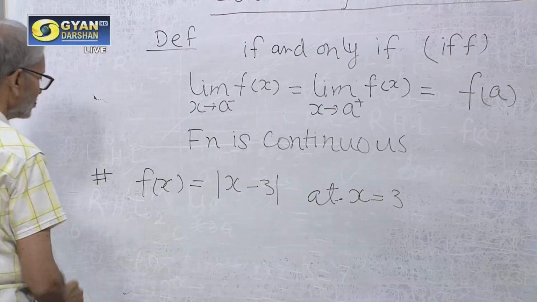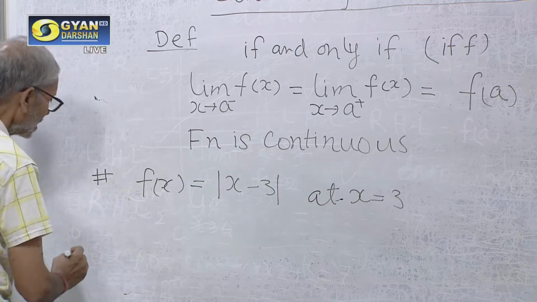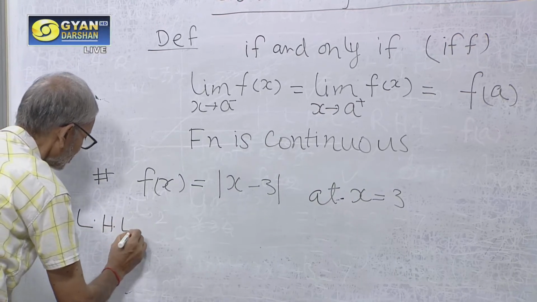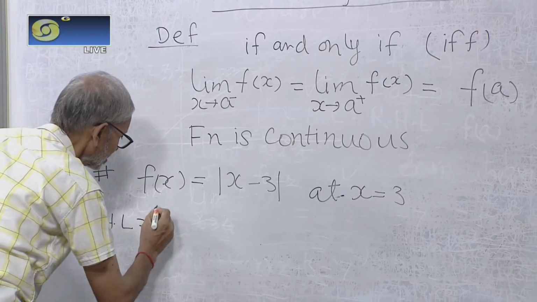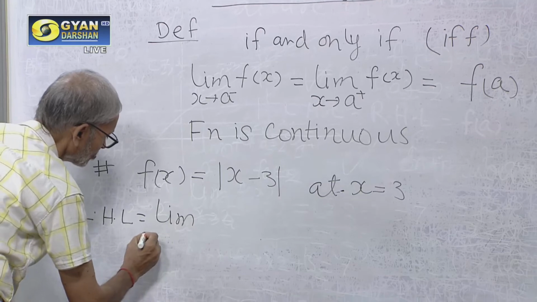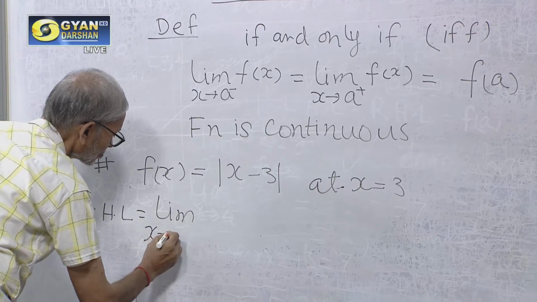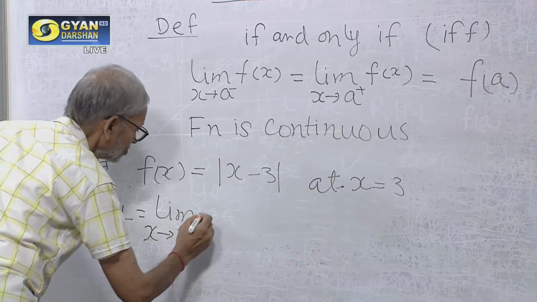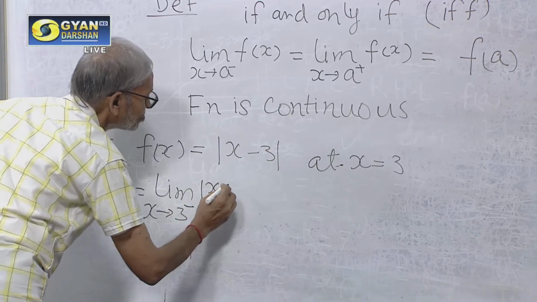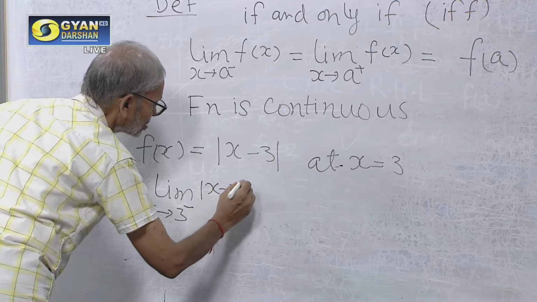So, let us take the left hand limit, that is limit x tends to 3 minus of mod of x minus 3.